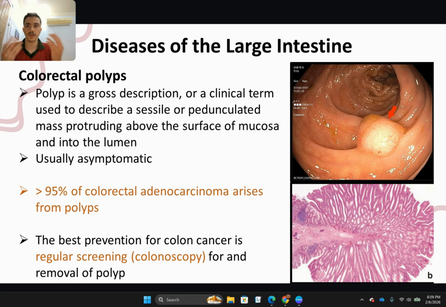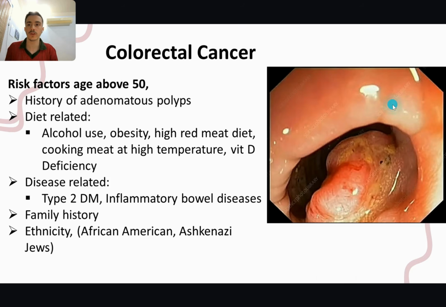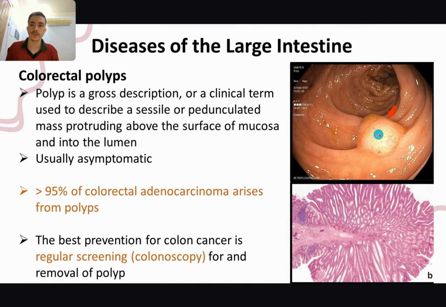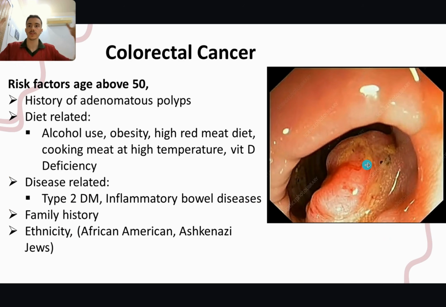Sometimes it's painless and you cannot feel pain, but if you keep it there, it's going to become cancer. So doctors try to remove it before it becomes cancer. Even if you don't feel pain, you need to remove it because it may become cancer. This is the cancer we were talking about. As you can see here, this is the growth, then it grows and becomes a cancer.